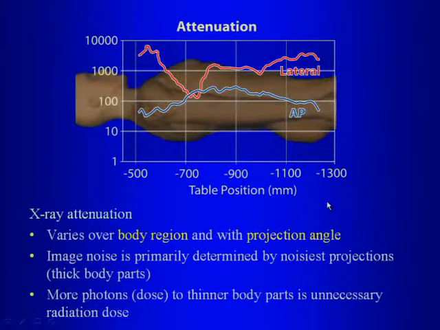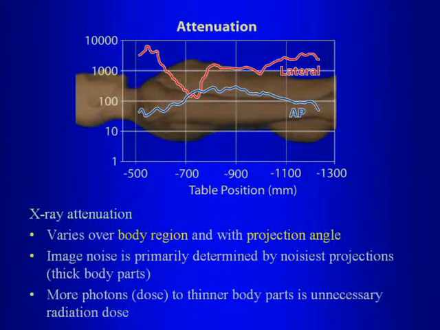So talking about the mass, one of the most important techniques for reducing radiation dose or improving the image quality is the automatic exposure control. The patient size varies, and for the same patient, X-ray attenuation also varies over different body regions and across different projection angles.